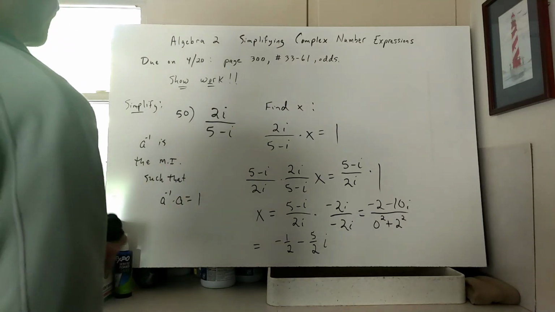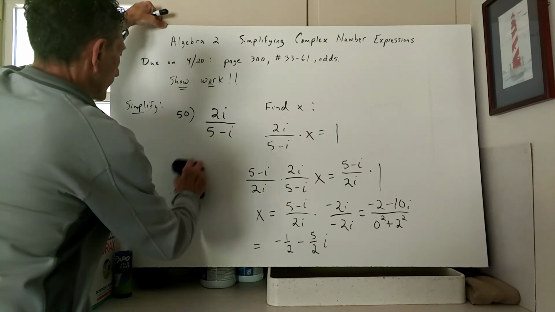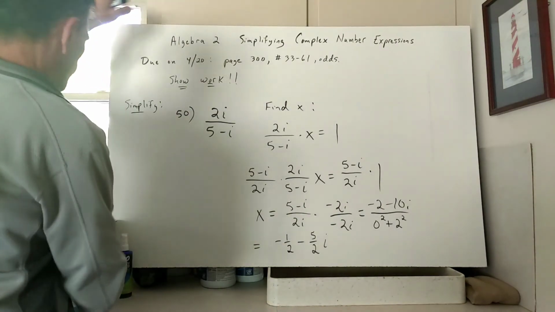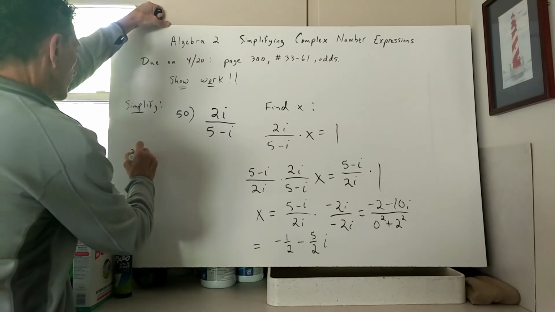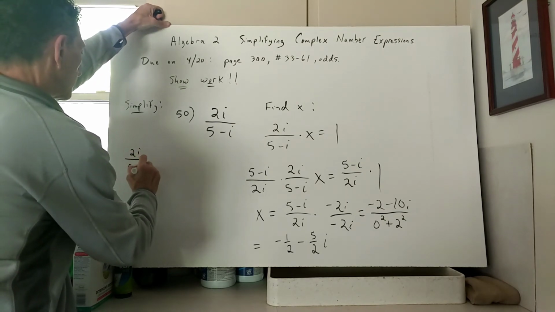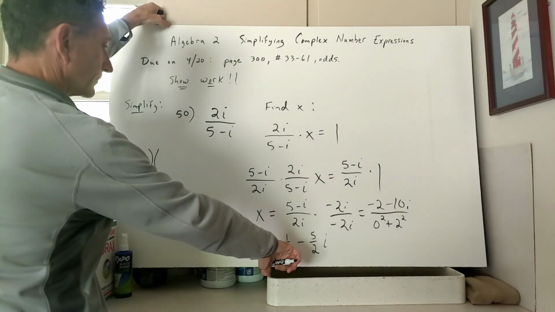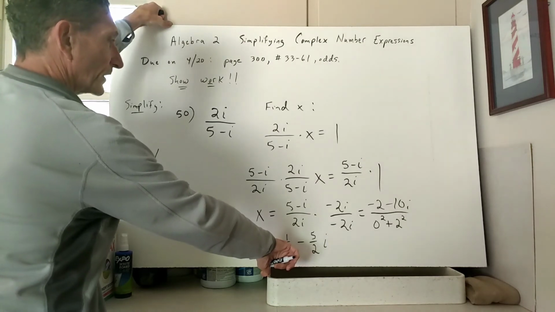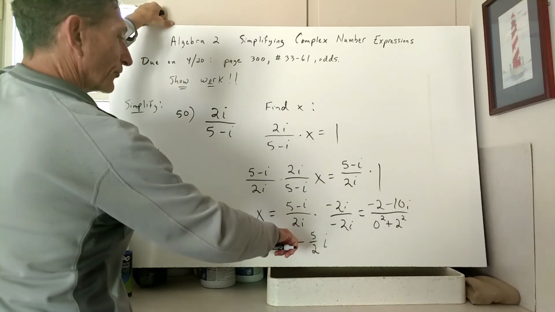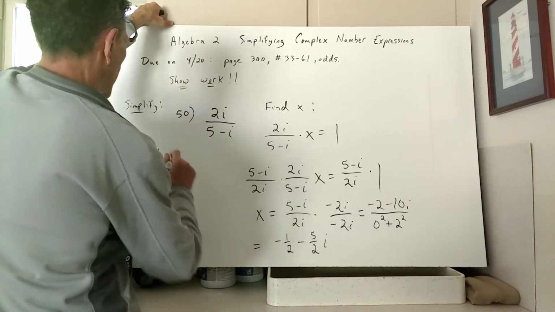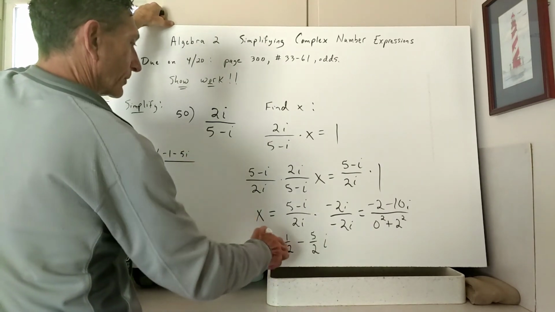I suggest we do. Let's come over here. We shall take the original number 2i over 5 minus i. We'll multiply this number, and we'll do it in the form where the numerators are combined and we have a single denominator. So the numerator, negative 1 minus 5i, over 2.